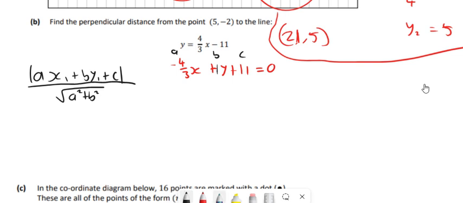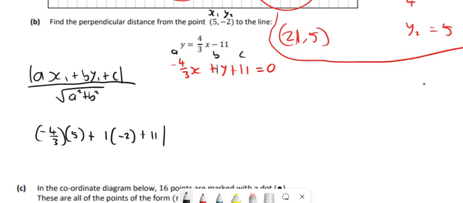So I'm going to put all that in, and our x1, y1 would be the 5 and the minus 2. So summing everything in then, and we have an absolute value sign as well.